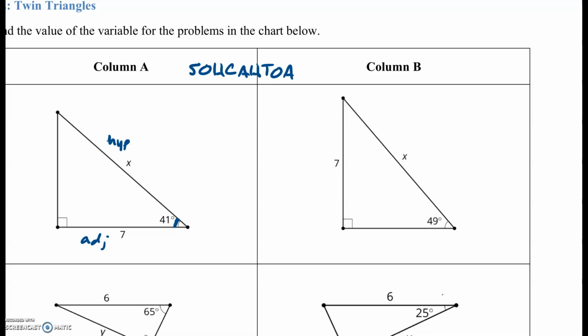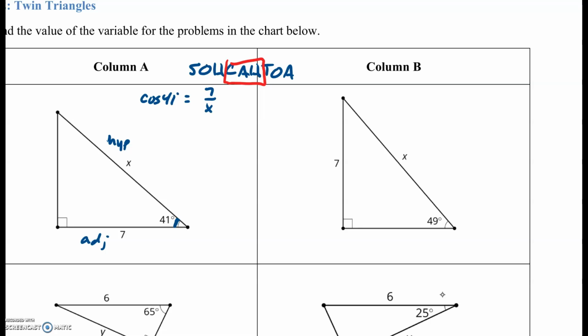I need to find which trig ratio has adjacent and hypotenuse together, and that happens to be cosine. So the cosine of a 41-degree angle is equal to the side adjacent, which is 7, divided by the hypotenuse, which is x.